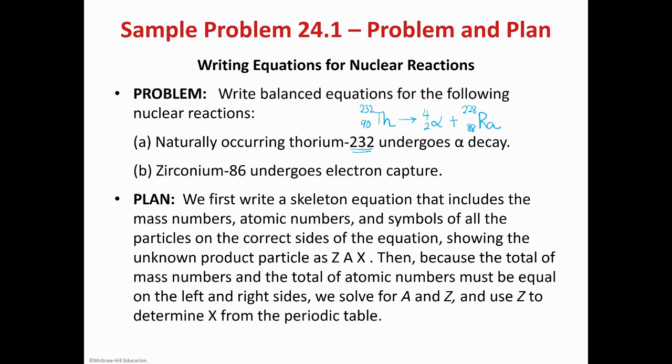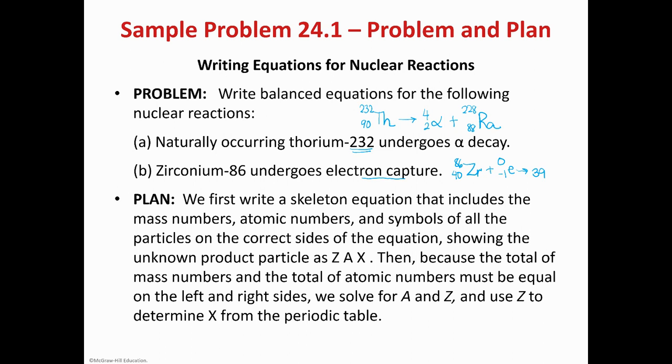Okay, next one, zirconium 86. So I need to find my atomic number for zirconium, which is 40. And it's going to capture an electron. I'm just going to show it as an electron capture, low-lying electron in an orbital. And do you notice then it's 40 plus a -1 is 39.